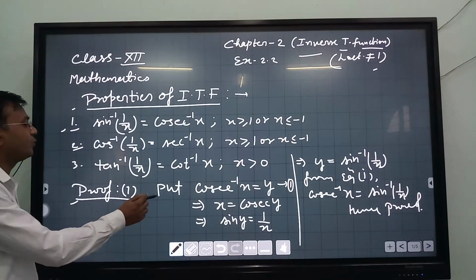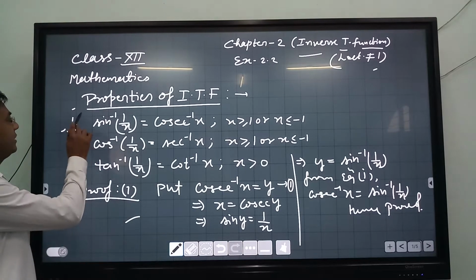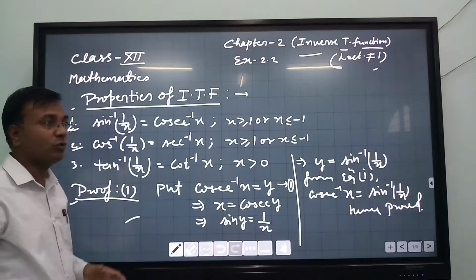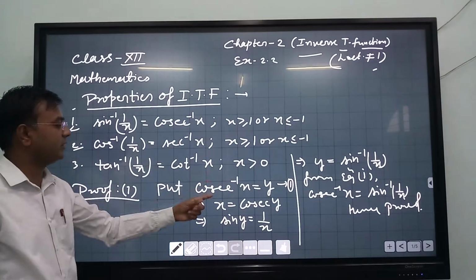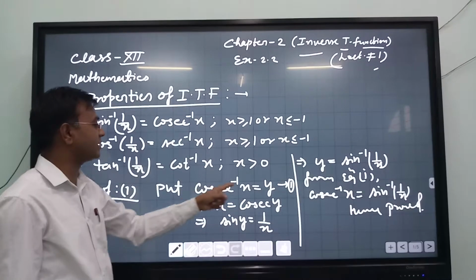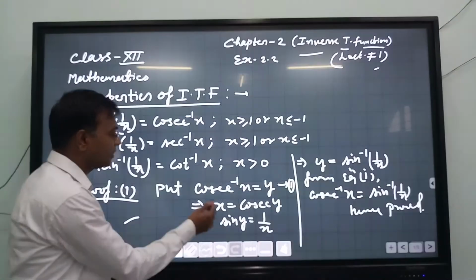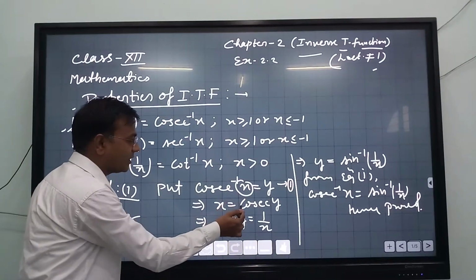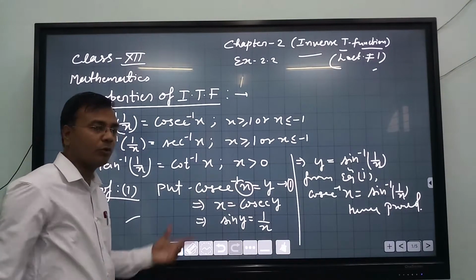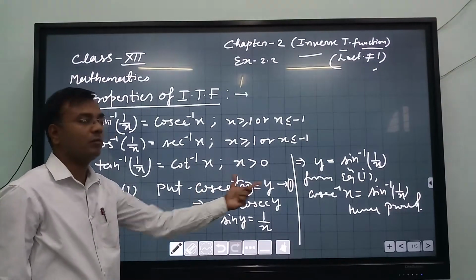Now let us prove the identity first: sin inverse 1 by x equals cosec inverse x. Assuming cosec inverse x equals y, taking the right hand side, the value of x becomes cosec y, operating cosec on both sides.